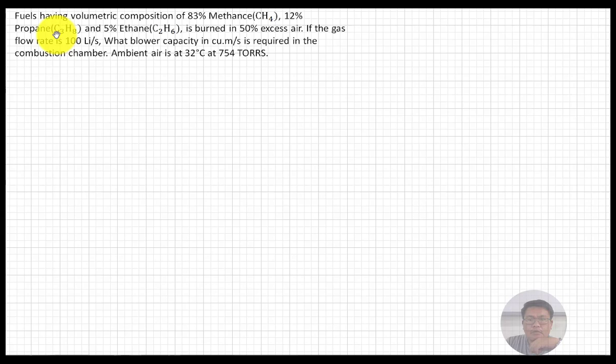If the gas flow rate is 100 liters per second, what will be the blower capacity in cubic meters per second required in the combustion chamber? Our ambient air is at 32 degrees Celsius at 754 torr.